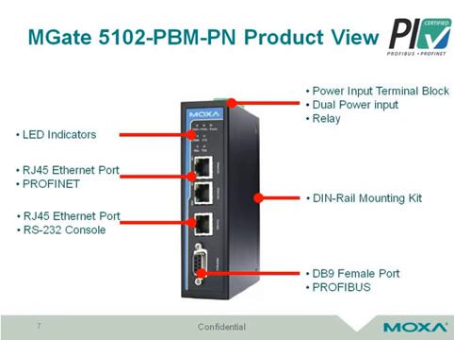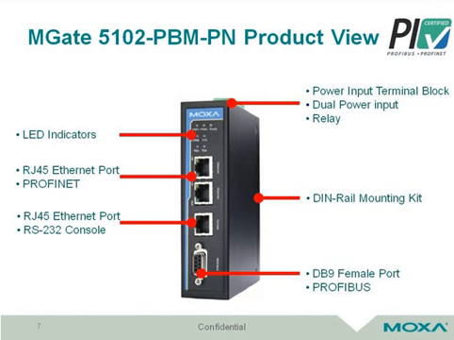This is the product view of MGate 5102. There are three major interfaces. The first and second RJ45 ports are the Ethernet ports, which run the PROFINET protocol. The third one is the RS-232 serial console, where the user can use a terminal program to log into MGate 5102 and configure the basic settings.